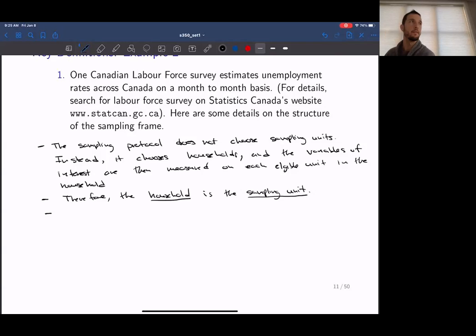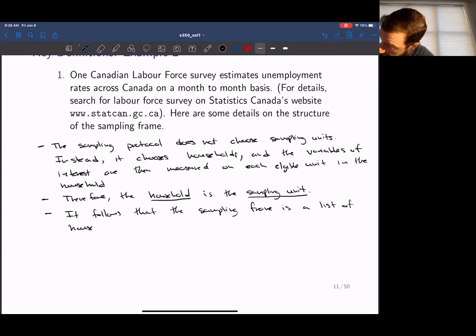So in this case, the frame, okay, so we have therefore the household as a sampling unit. So then we could say something like, it follows that the sampling frame is a list of households.